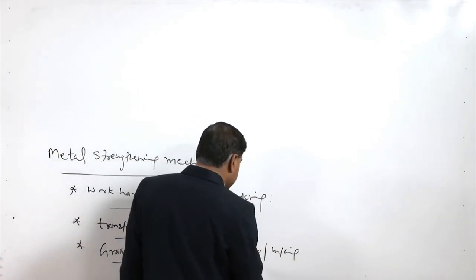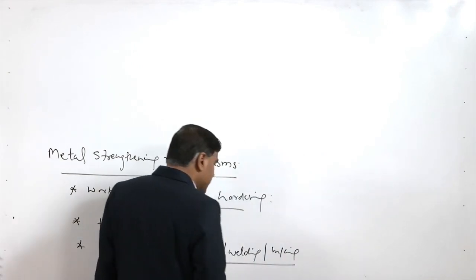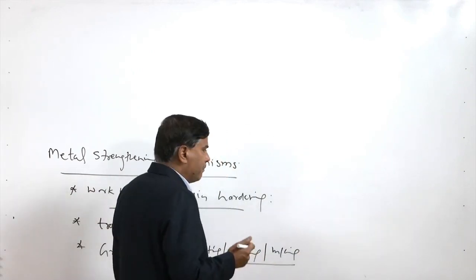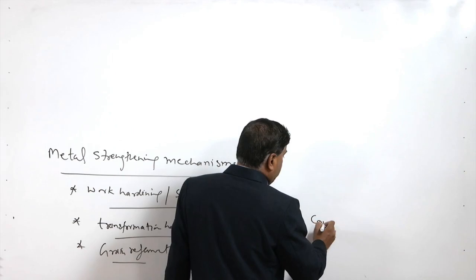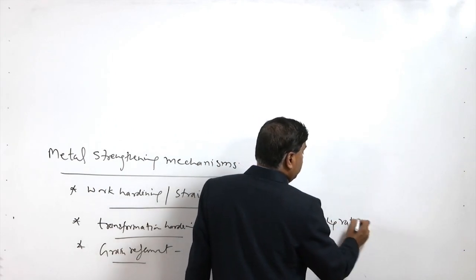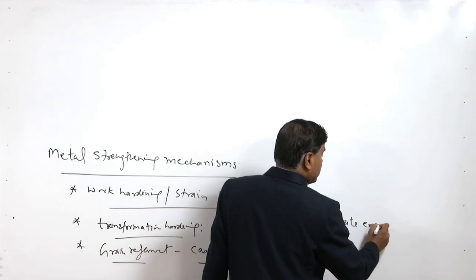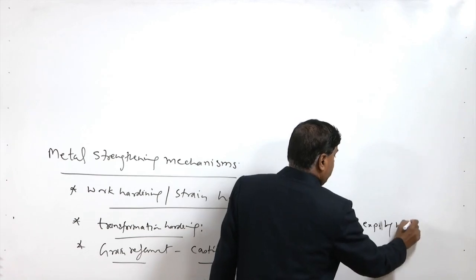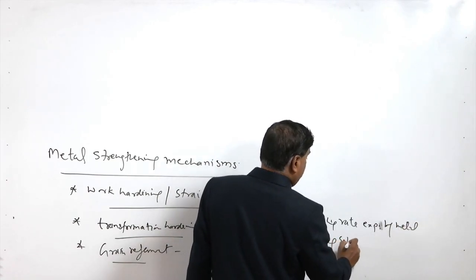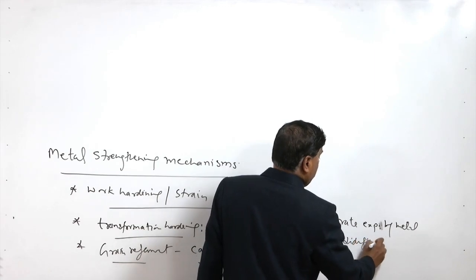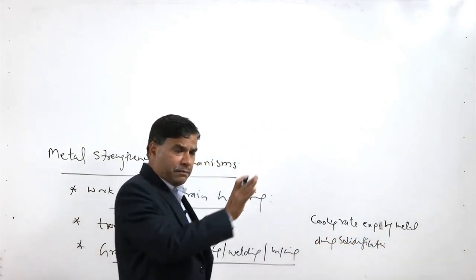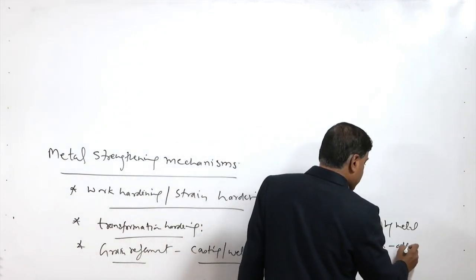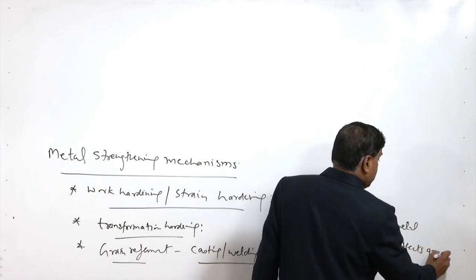So, in all those processes wherever solidification is involved, the refinement of the grain affects the mechanical properties, and you know that depending upon the cooling rate experienced by the metal during solidification or in the solid state cooling from high temperature to the room temperature, this affects the grain structure.